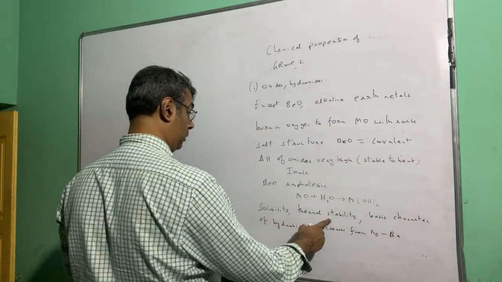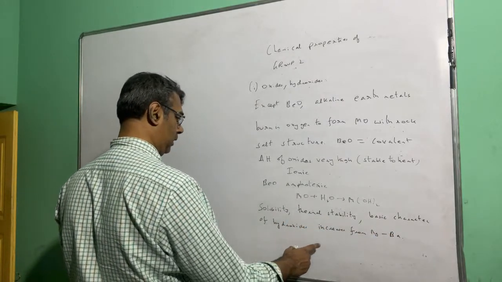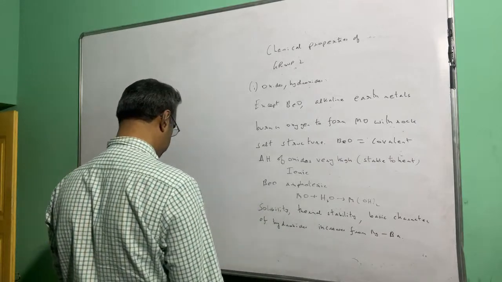Then the solubility, thermal stability and basic character of the hydroxides increase as you go down from magnesium to barium.